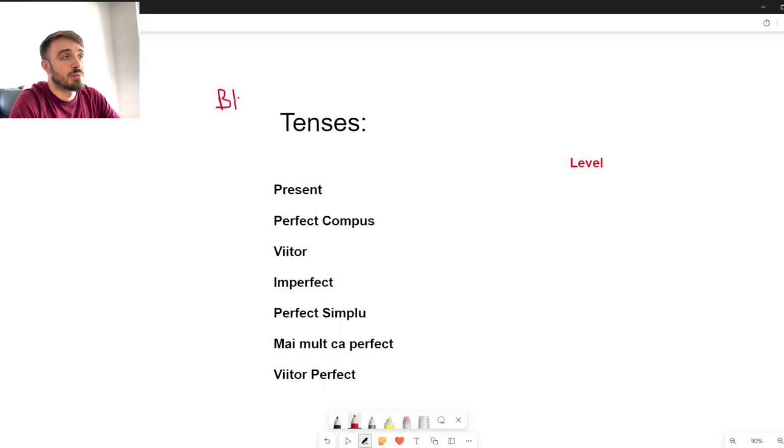I think that from B1 onwards, B2, C1 and so on, there's nothing to do with grammar anymore. Once you build a foundation, you should just focus on vocabulary.